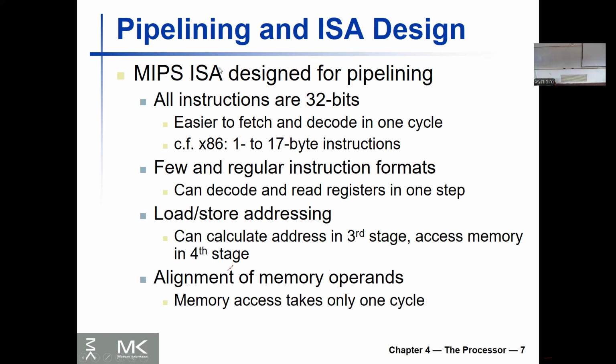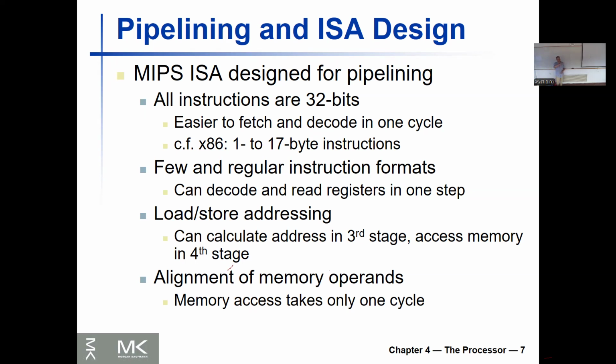MIPS is designed for pipelining. Some of the things that help it for pipelining are that all instructions are the same length. That makes it easier to fetch and decode. Why does it make it easier to fetch and decode in one cycle? Because if an instruction could theoretically be 64 bits, then I'd have to do a load and then another load. I have to load 2 lines of code to get the instruction.